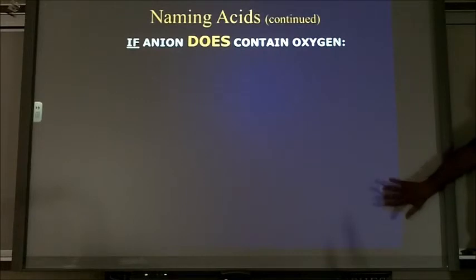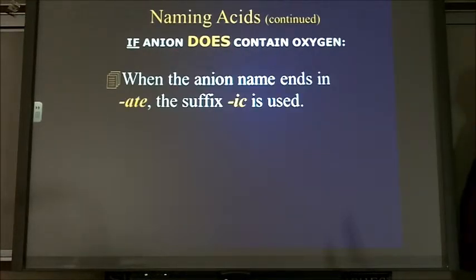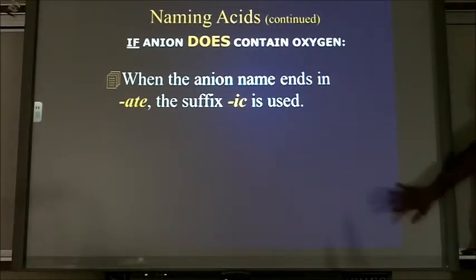So when the anion name ends in ate, like sulfate, carbonate, continuing on with all the polys, if it ends in ate, remove the ate and put ic.